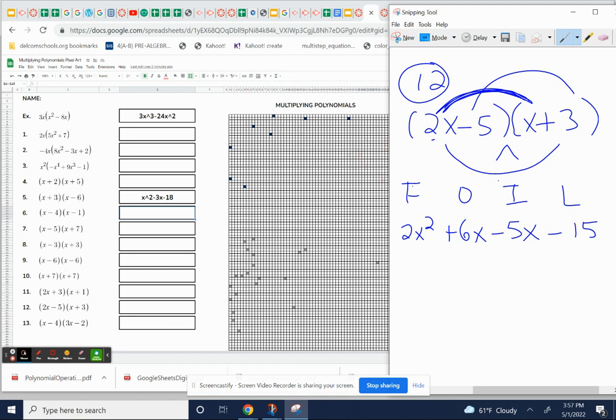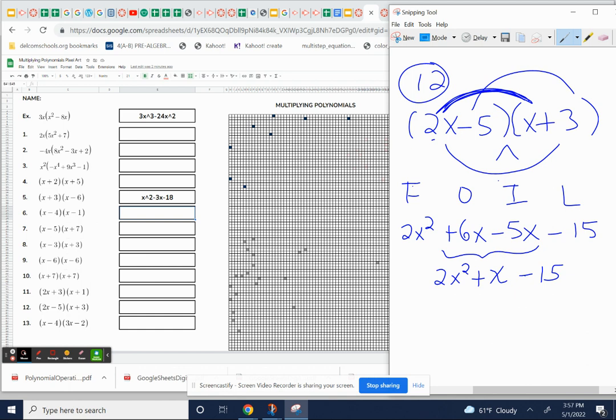So there's my intermediate answer. I just need to combine my like terms in the middle. A positive 6x minus 5x would be 1x. I have a feeling they don't want you to type in 1x because it can be simplified to x. So really we would bring down 2x squared plus x minus 15.